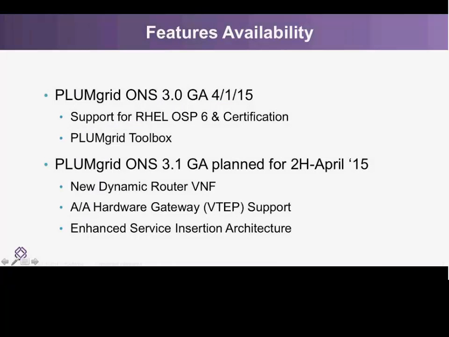Today, actually yesterday at this point, because it's past midnight here, we officially released for general consumption PLUMgrid ONS 3.0. This includes support for RHEL OSP 6 and certification, as well as PLUMgrid Toolbox. So all 8 tools that are part of PLUMgrid Toolbox are available with ONS 3.0.